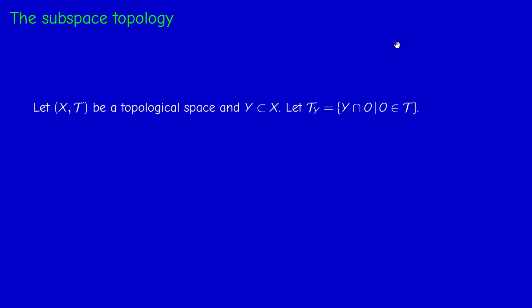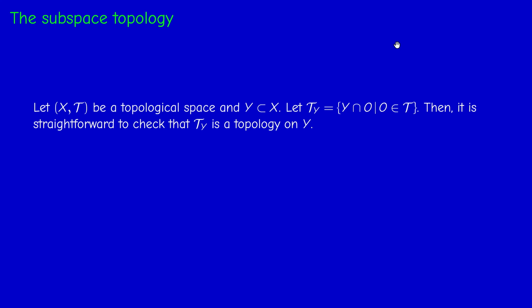So this is a topology on Y, and this topology is called the subspace topology of Y, sometimes the topology inherited from X. Now, of course, on Y we can put another topology, but the one that we call the subspace topology is this one.